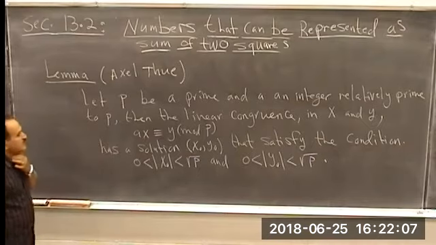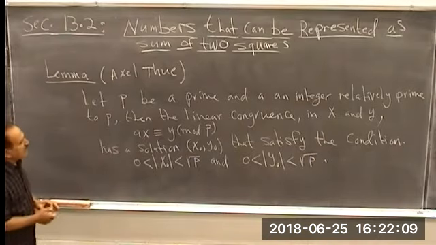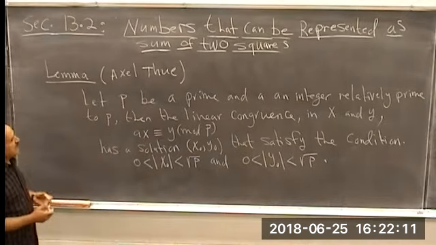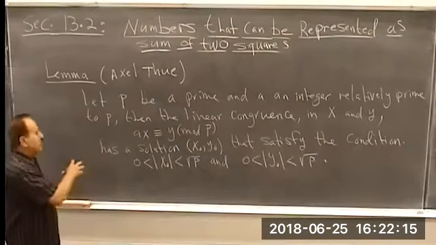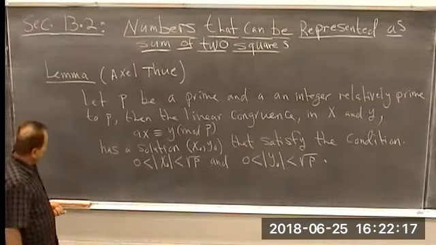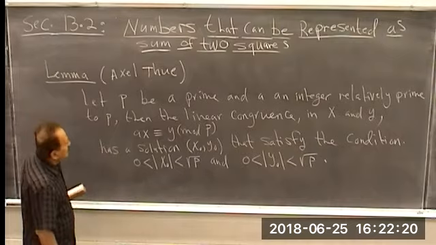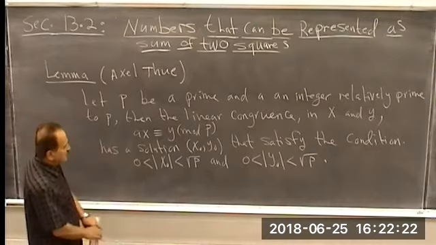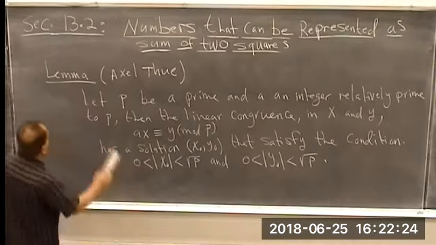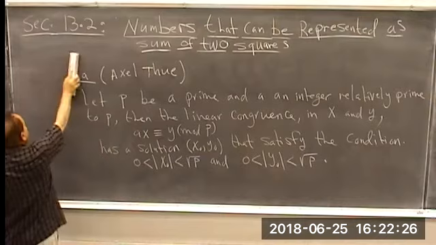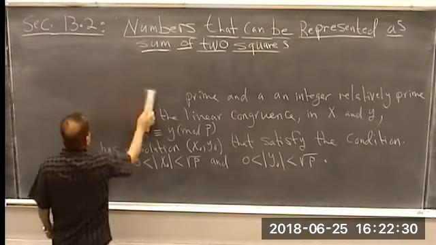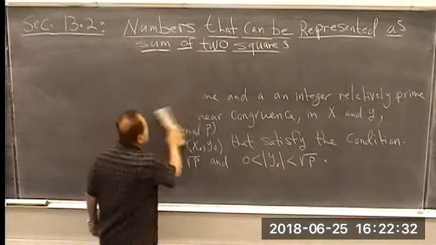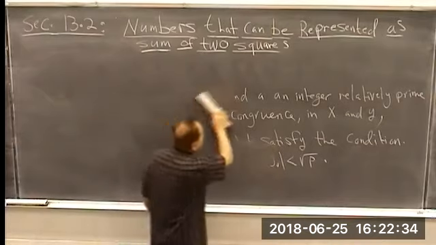So I'm going to illustrate the main idea in the proof by an example. And then, of course, we have to work on the general solution afterward. But I hope the example will guide you through the steps that we're going to follow in the proof.